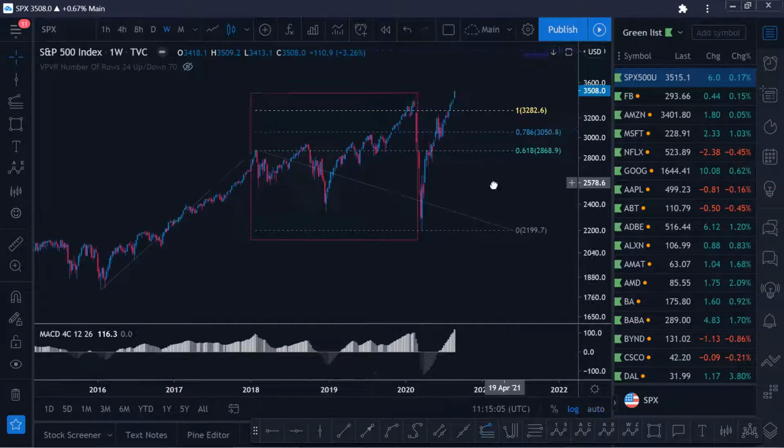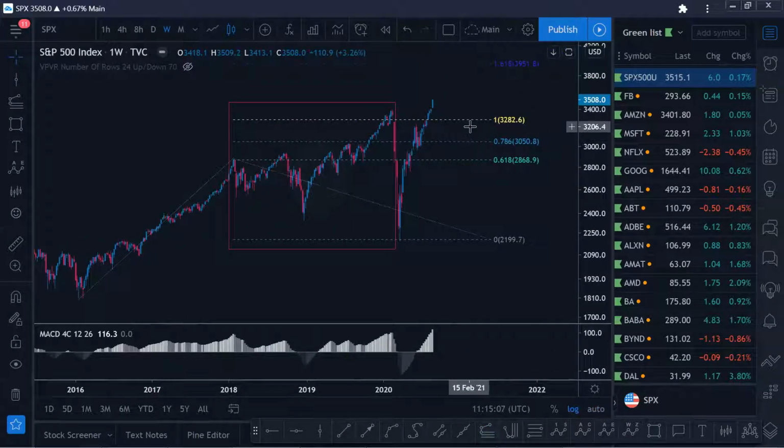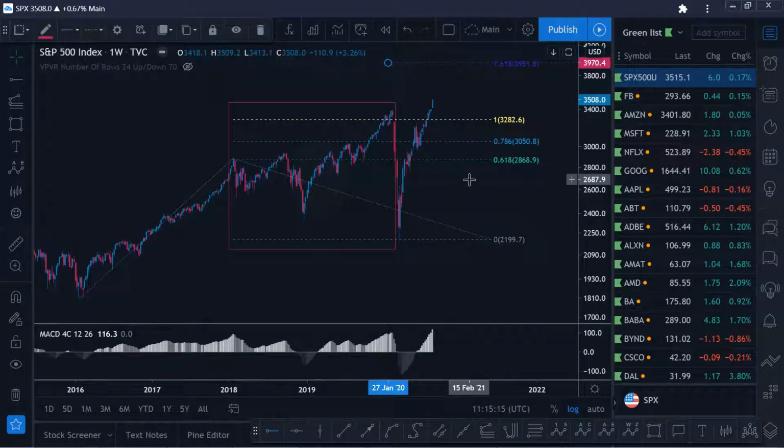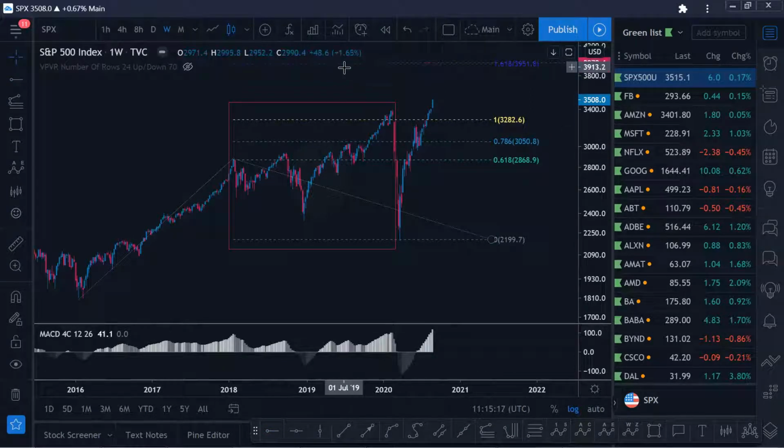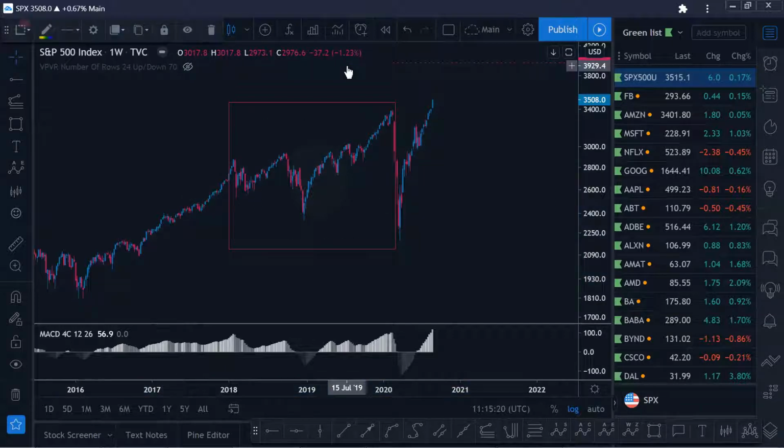With that next leg having broken through minimum, median, and full targets, we can expect to head up to the extended target, given what I believe to be blow-off conditions of the fifth wave that we're experiencing at the moment. So it seems to me we've still got some room to run on this one.